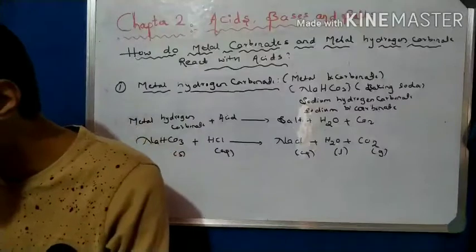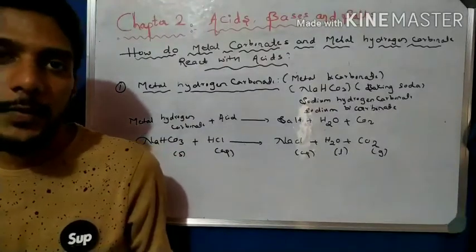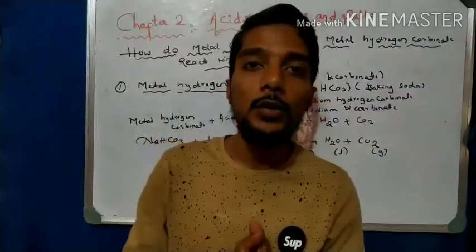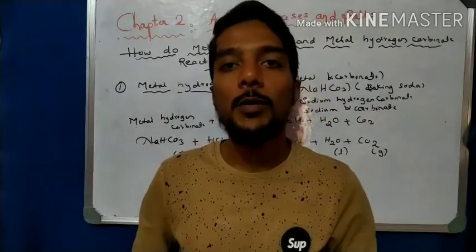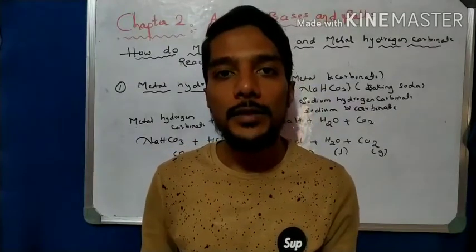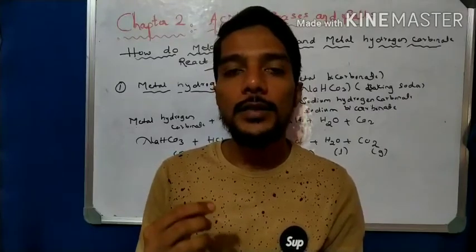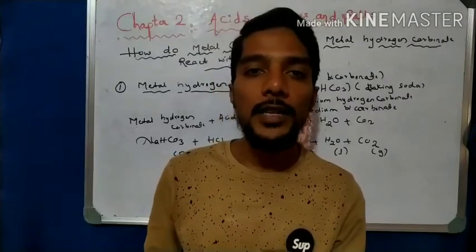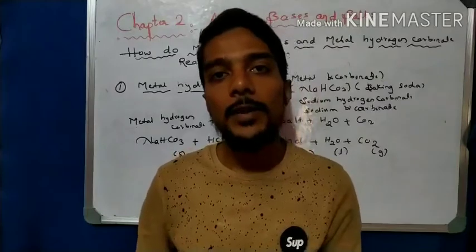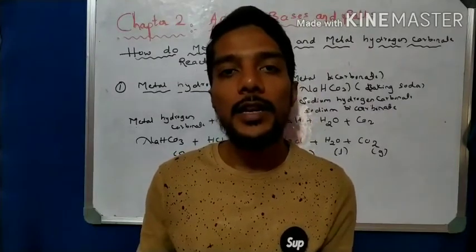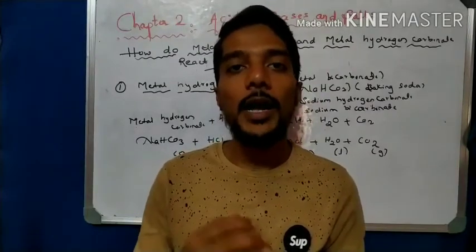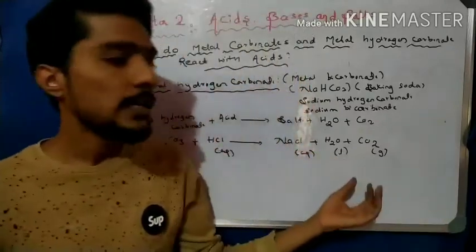So students, this is all about today's class. In today's class we covered very important points about acids, bases, indicators, and the chemical properties of acids and bases. When acid reacts with a metal, hydrogen gas is liberated, and when acid reacts with a metal carbonate or metal hydrogen carbonate, carbon dioxide gas is liberated.